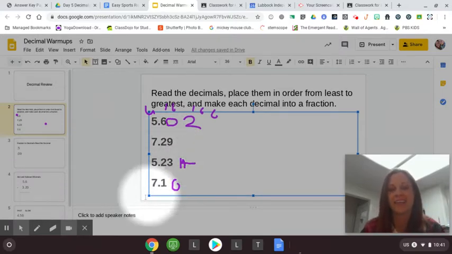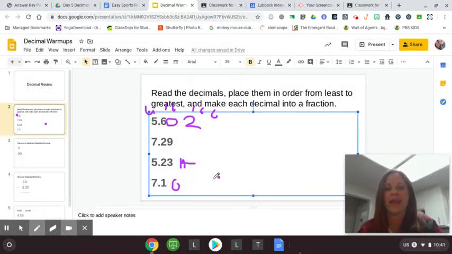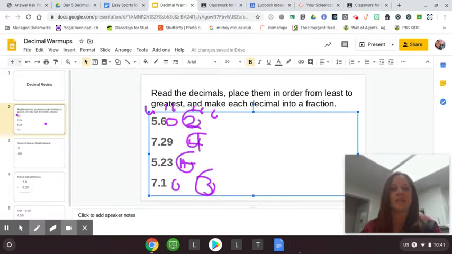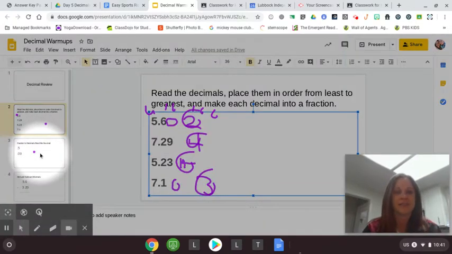And 1 tenth is smaller. So then this is going to be my third one, and then this will be my fourth one. So now I have put them in order from least to greatest. Put them in a house, add your zeros, and that will help you out. All right, let me go to my next page.